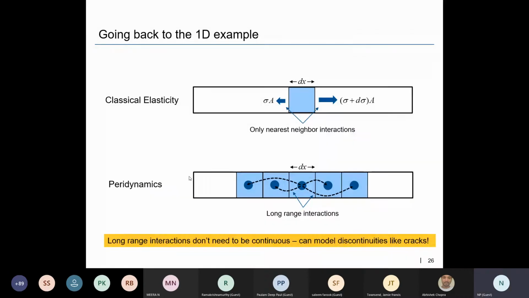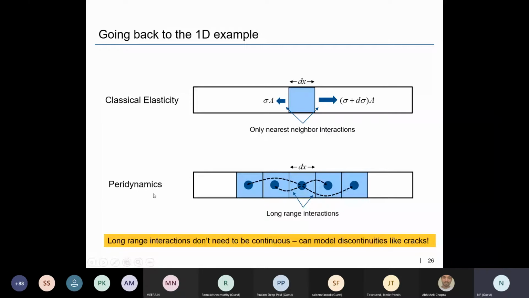So I'll go back to that 1D example that I gave, where we talked about how this infinitesimal material is interacting with its neighbors and the rest of the material through these stresses at the left and right boundaries. That's what you would find in classical elasticity or classical continuum mechanics.